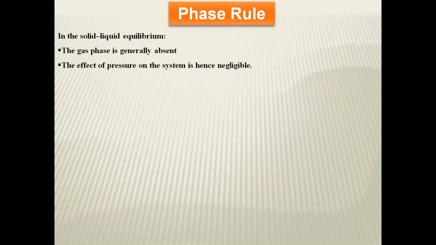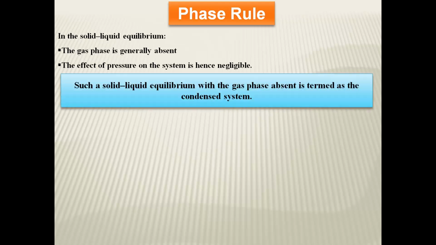Moreover, in solid liquid equilibrium, the gas phase is generally absent. When you consider equilibrium of a solid liquid, the gas phase is absent and consequently the effect of pressure is negligible. Such a solid liquid equilibrium with the gas phase absent is termed as a condensed system.